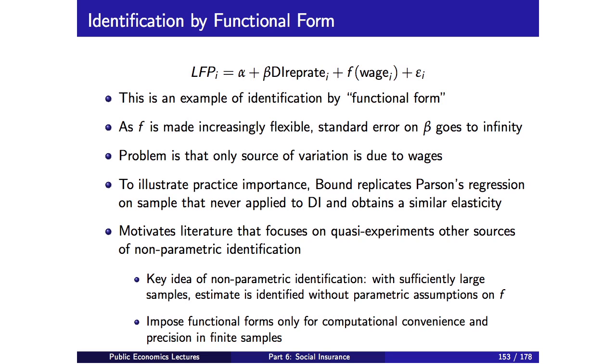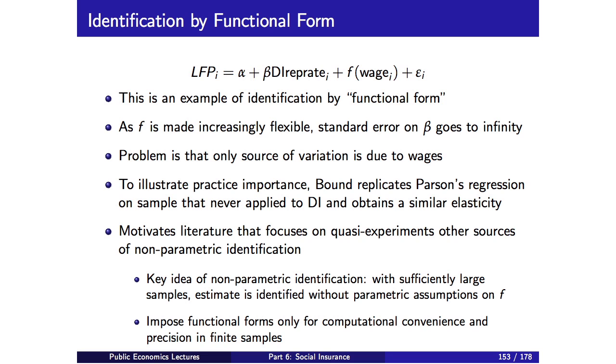Then what's going to happen to the coefficient on beta? The standard error on that coefficient is going to go to infinity, right? Because there is no variation in the replacement rate that is unrelated to the variation in wage rates. The only reason replacement rates vary across people in his sample is because wage rates vary across people. So if I control sufficiently flexibly for wages, I have no identification left.